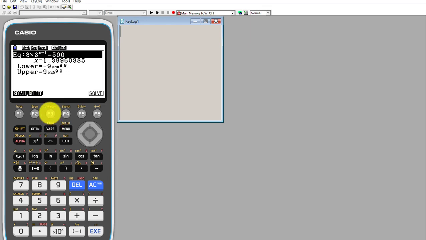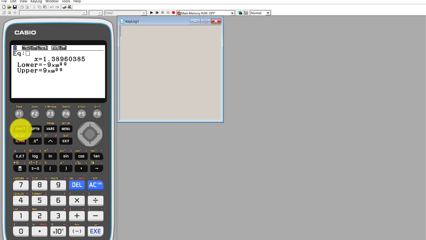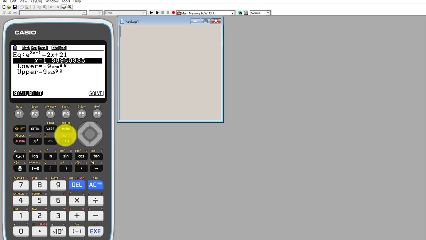So E, and I've got to use the E in here, so shift E to the power of 3x minus 1, and that's equal to, and then I've got 2x plus 21, and I press execute. The first time I press execute, it just gives me my x without the solution. But now if I press solve, it will give me that solution.